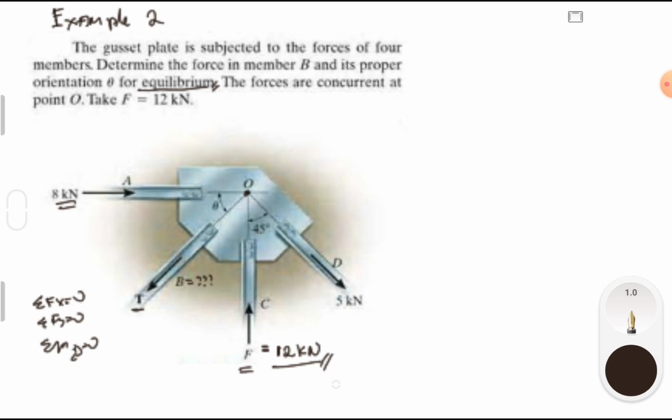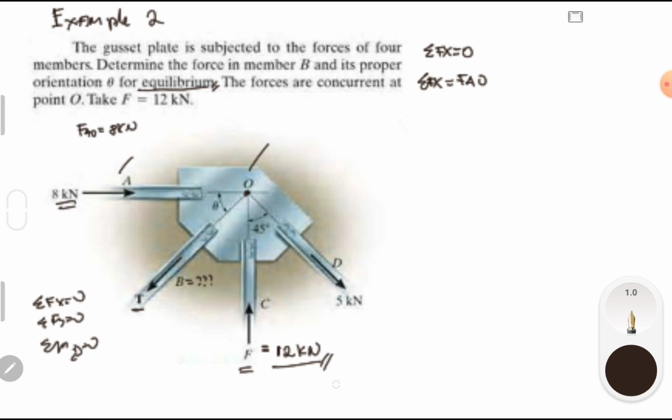Okay? So we have our body. So we'll have the summation of f of x and its summation of f of y. Take note that our summation of f of x is equal to 0. So on the forces, our summation of f of x is equal to, let's say, FAO. Wherein FAO is equal to 8 kilonewton because the body is going to the right.